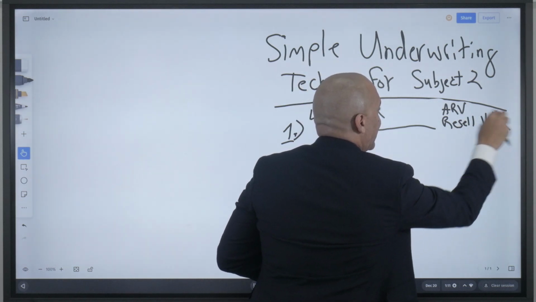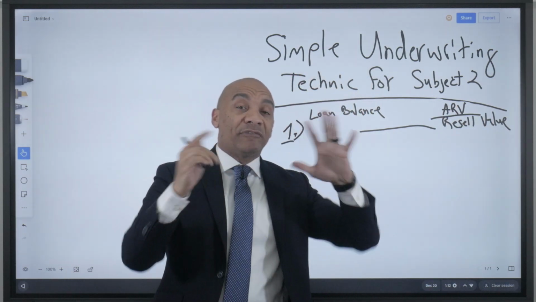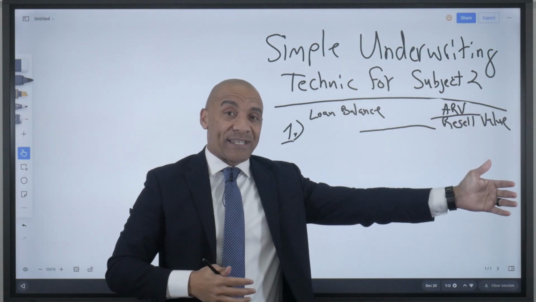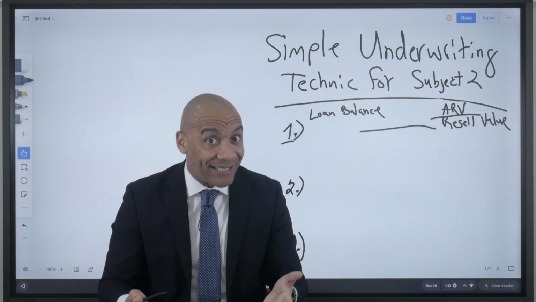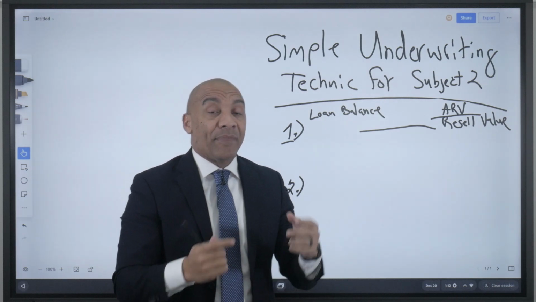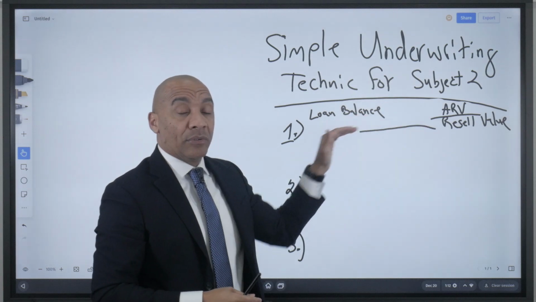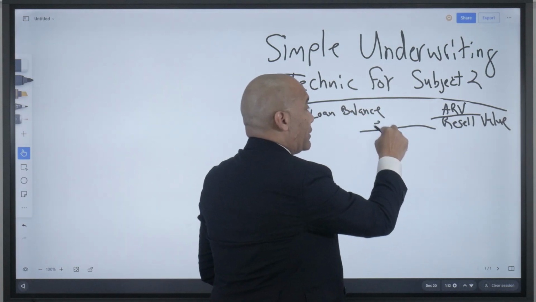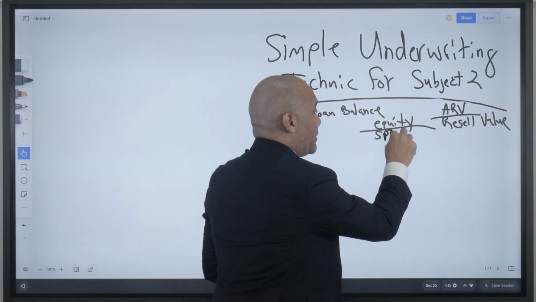So that could be a little different, because if it's the ARV, that's based on you fully renovating the home and then reselling it. If it's the resale value, it may be its current condition. It may be outdated. But either way, you're going to take these 2 numbers to determine what type of equity spread is in the middle.